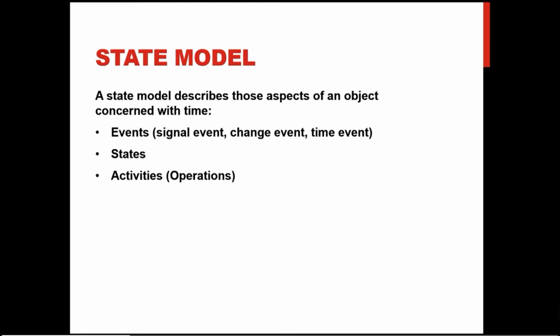Signal event means that some messages are transferred between different objects, for example, getting some message, such as a key pressed, and so on. Change event means that, for example, some condition changes. Previously the condition was not satisfied, then currently it is satisfied. For example, when the time is equal to an absolute time, this is a kind of change event.